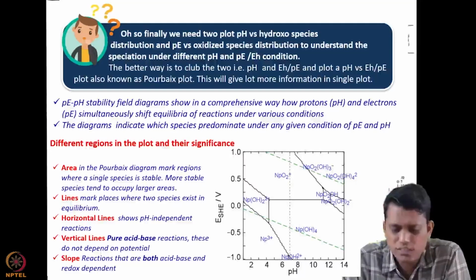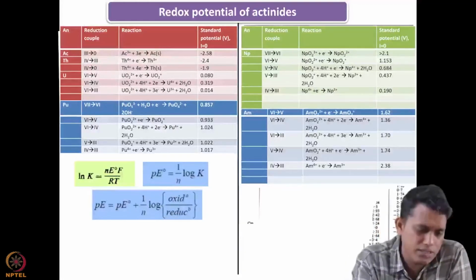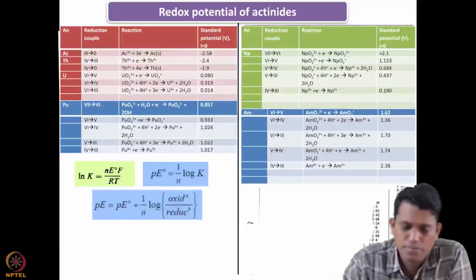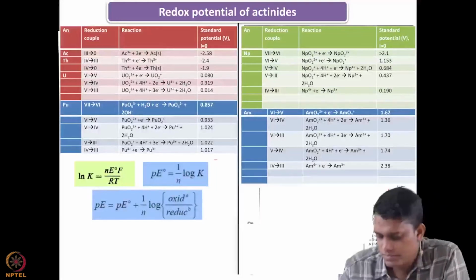So with this knowledge, can we draw, because this I have shown you for neptunium, but can we draw for other metal ions? So this is the list I have given you for different actinides, starting from actinium to nobelium. And you can see that for all these actinides, I have given you the standard potentials.